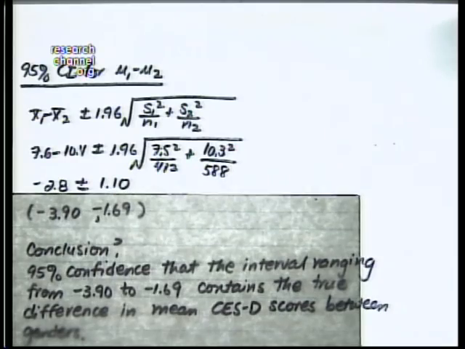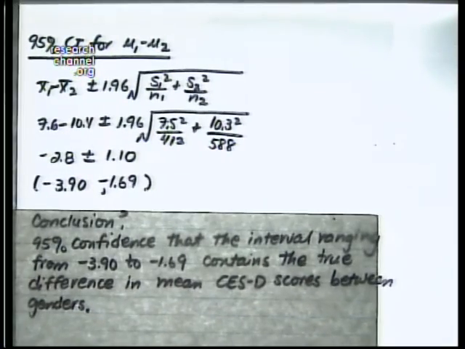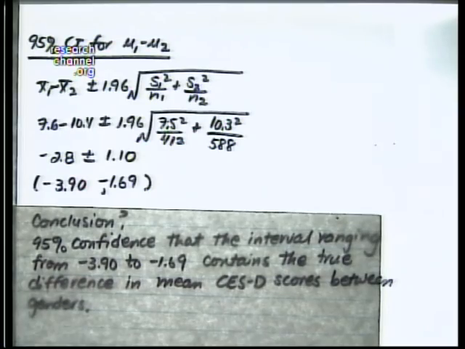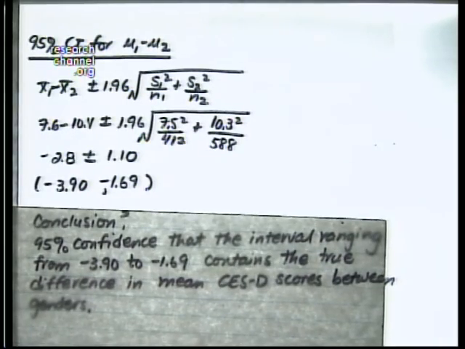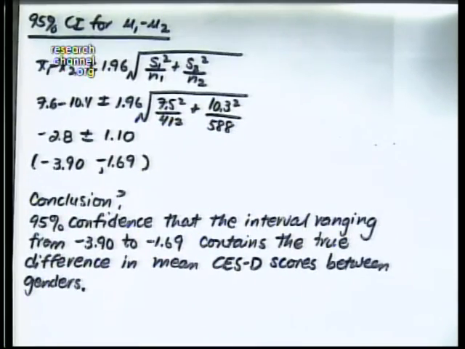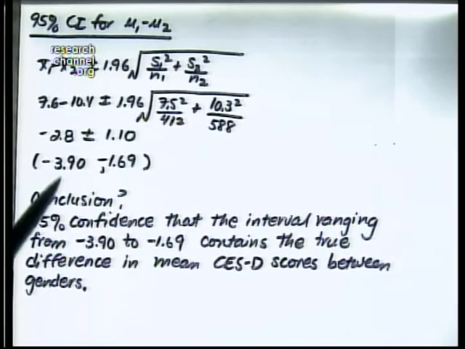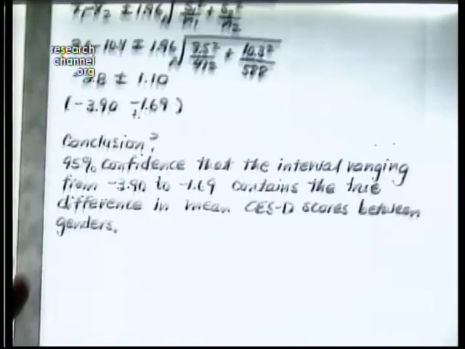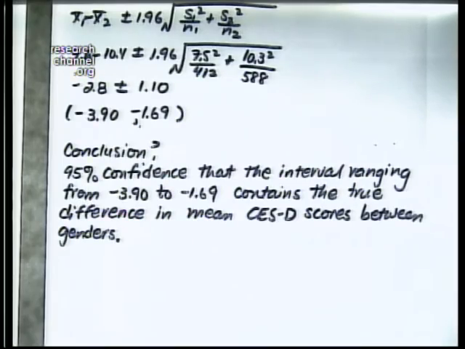If I go through the math, I end up getting a confidence interval that ranges from negative 3.9 to negative 1.69. I feel 95% confident that this range contains the true difference. Does it contain 0? No.